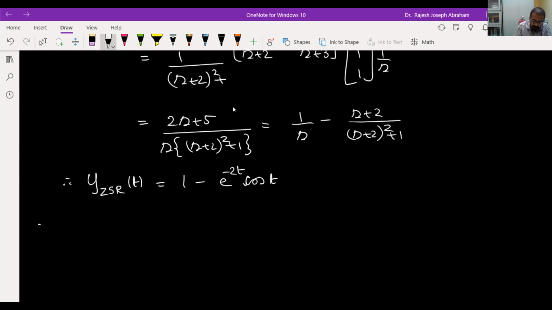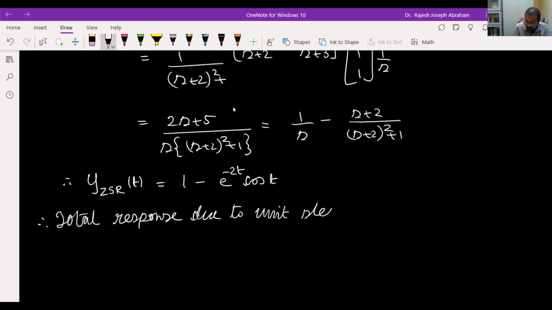Okay. So what will be the total response due to unit step input? Total response due to unit step input will be what? y of t will be zero input response plus zero state response.